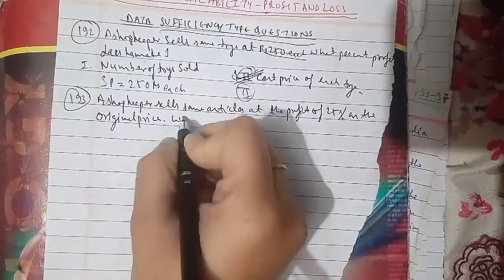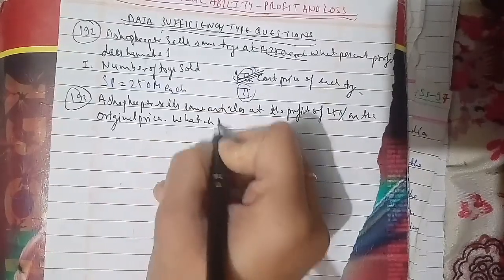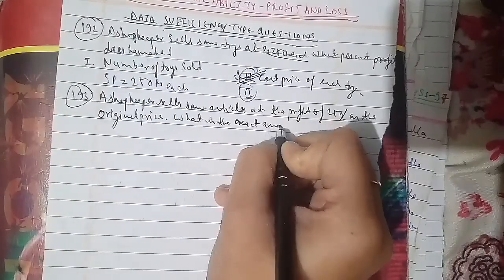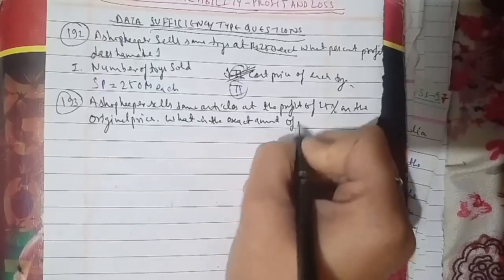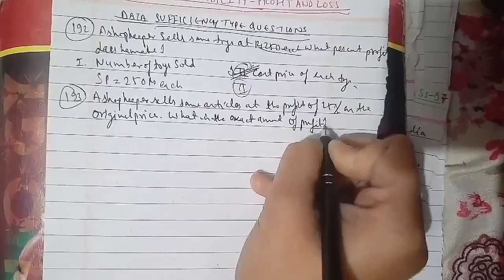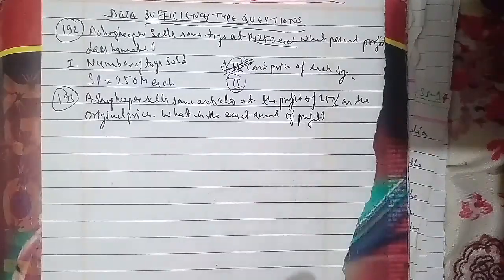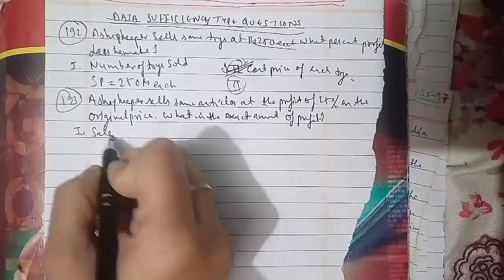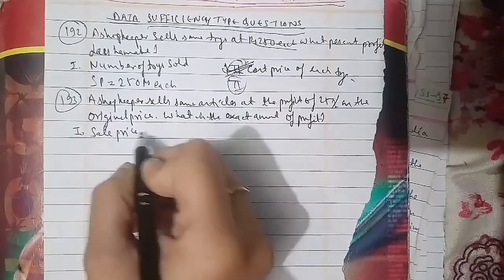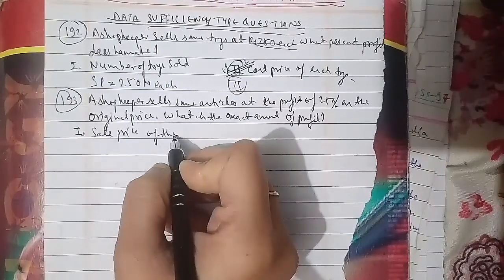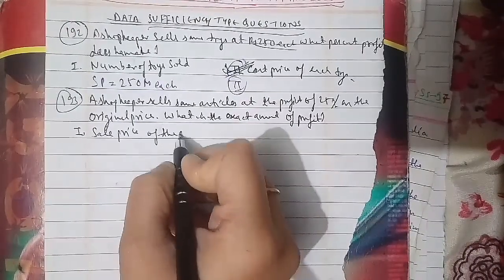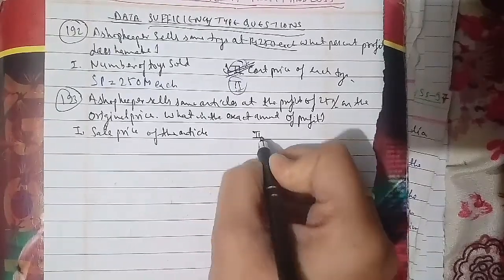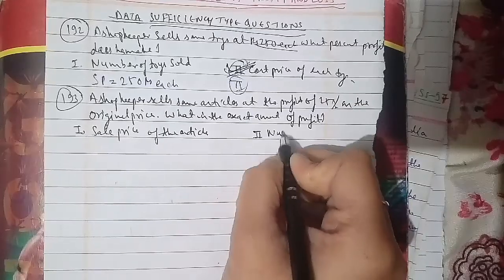What is the exact amount of profit? Here are the statements. The first statement is the sale price of the article. The second statement is the number of articles sold.